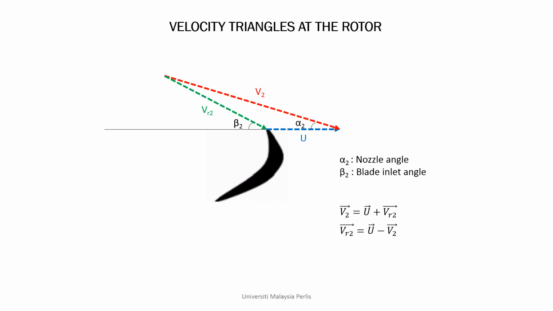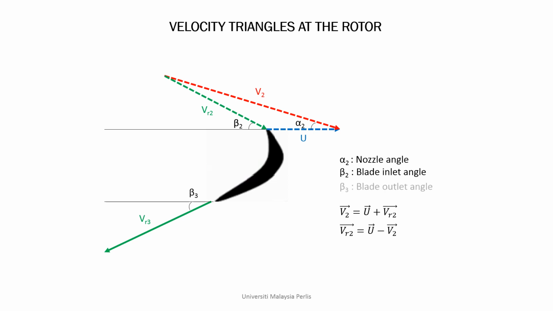So this is about the inlet of the rotor, where the steam enter the blade and glide to the exit of the blade. Steam leaves the blade with velocity Vr3 at angle beta 3.